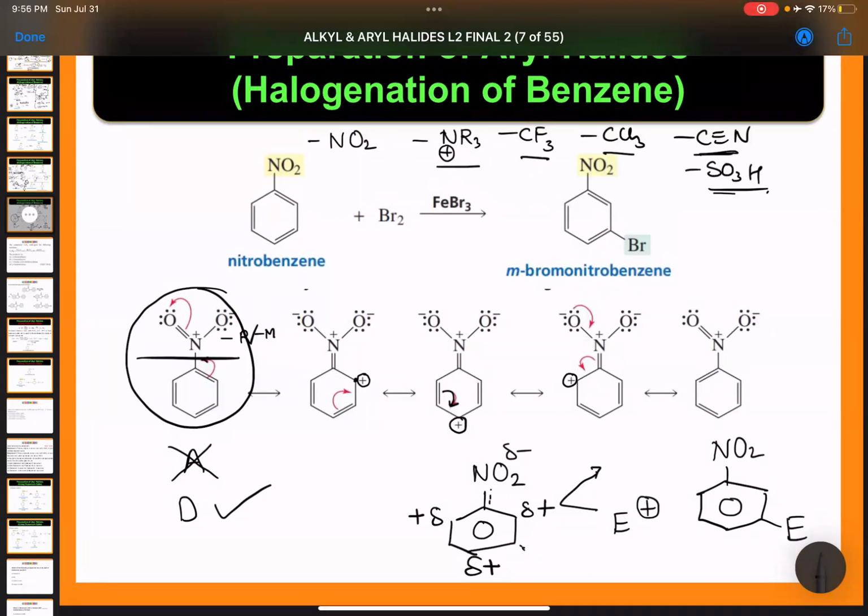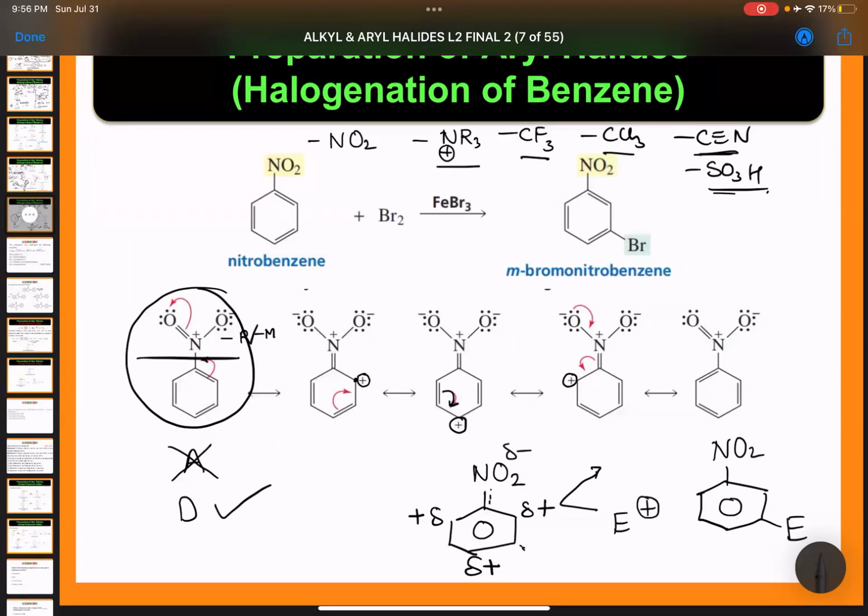Yeah, slower. Very good. So because it is the attack of electrophile, and what does the electrophile want? Electrophile wants more electrons, but the electron density is pulled out by the NO2 group. So the ring has overall become electron deficient.